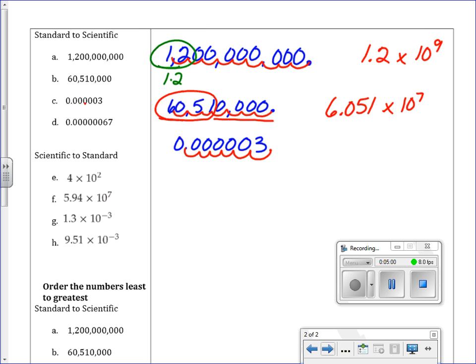Since I'm dealing with a very small number, I'm going to write 10 to the negative 6th power. And since the only number that I have is that 3, it's going to be 3 times 10 to the negative 6th power. The negative 6th power would be millionth, so we could read that as 3 millionths.